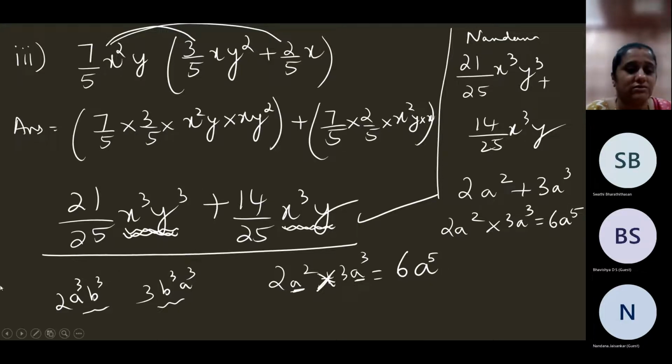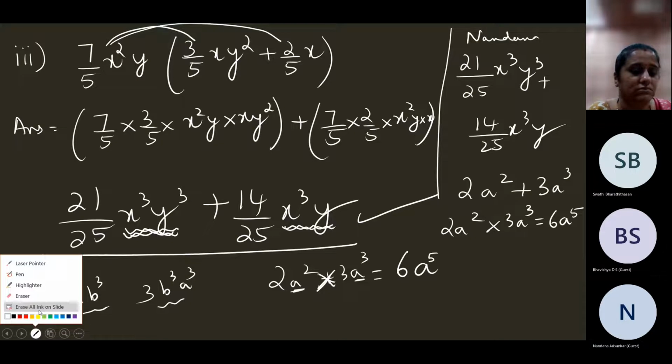All right, next. Subtract 3L into L minus 4M plus.